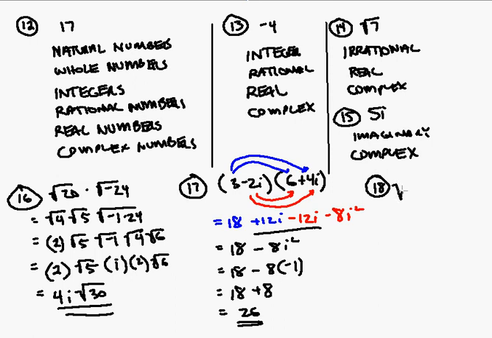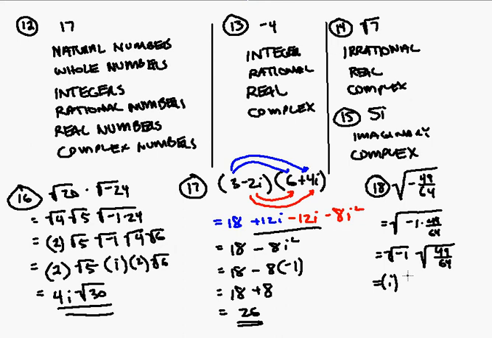18, here I have the square root of negative 49 over 64. That is equal to the square root of negative 1 times 49 over 64, which is equal to the square root of negative 1 times the square root of 49 over 64, which is equal to i times the square root of 49 over the square root of 64, which is equal to i.